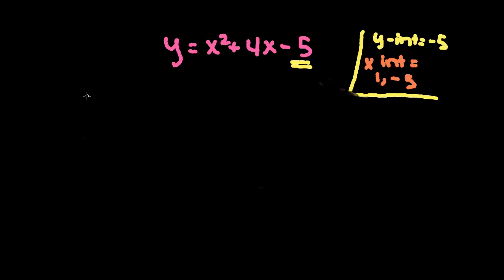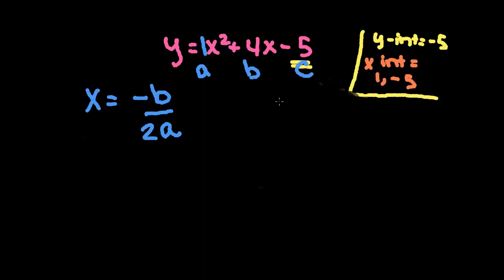So if I use x equals negative b over 2a to find my vertex, then a is the value in front of the x squared, just like in the quadratic formula. b is the value in front of the x, and c is the constant, including the sign, so it would be negative 5.